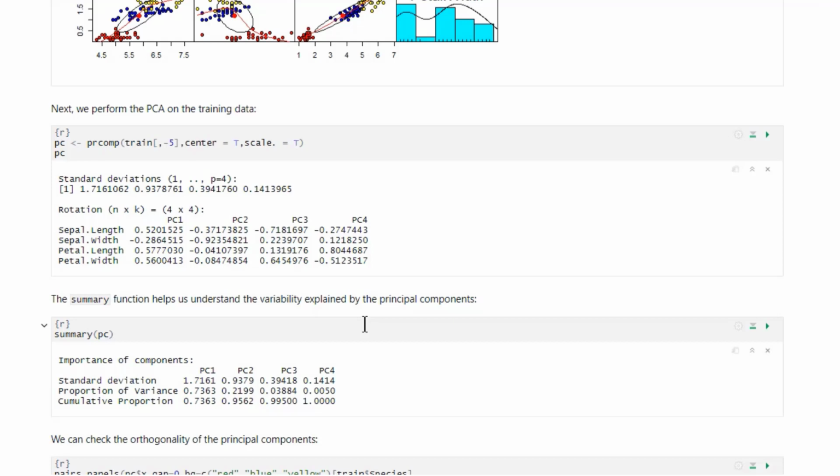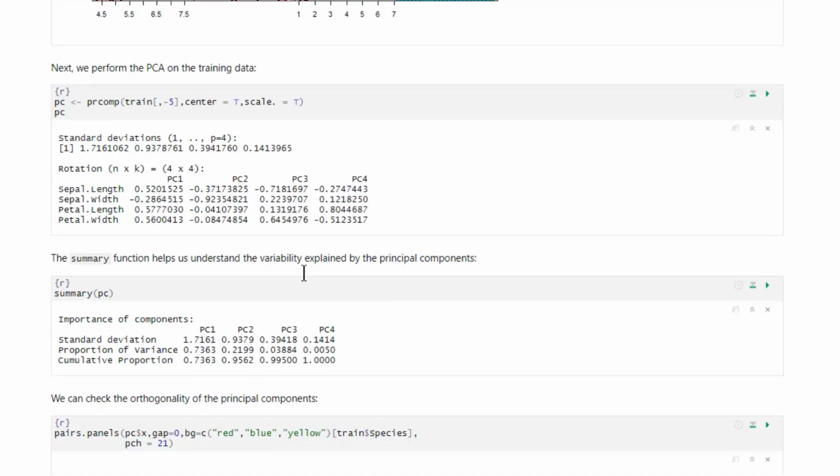So let us try to understand what we mean by saying that most of the information is stored in the first few components. Notice that the proportion of variance captured by PC1 is 73.63%. That means if we ignore the next three columns, then we have already captured 73.6% of the total amount of information.